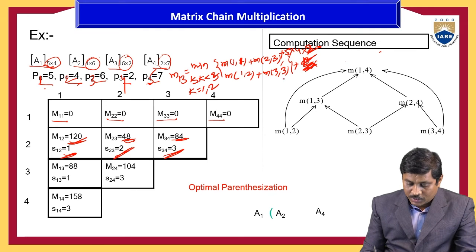Here the I value is 5, K value is 2, 2 plus 1 is 3, P3 is 6. J plus 1 is 4.